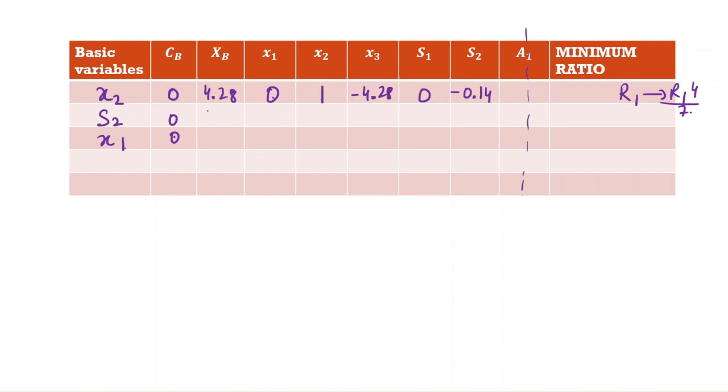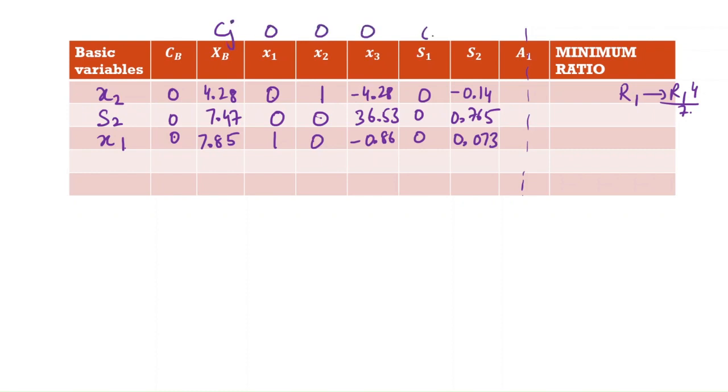Here after the elementary row operations, for row 3 we'll be getting 7.85, 1, 0, minus 0.86, 0, 0.073. So Cj would be minus 1, and Z star we are getting is 0.